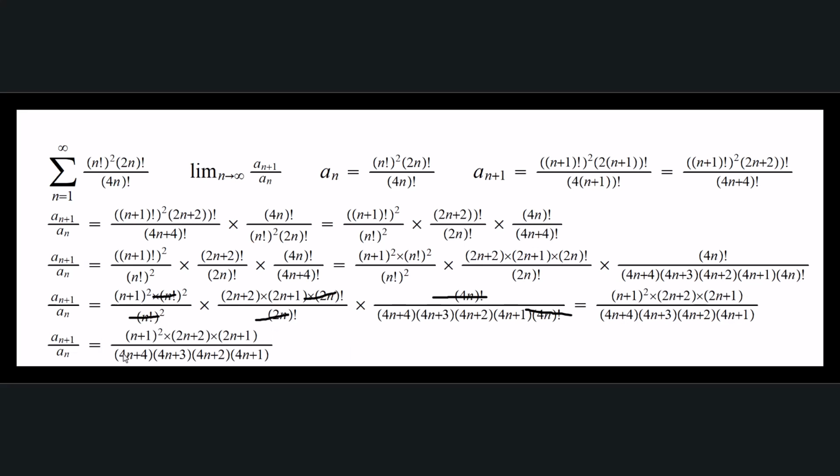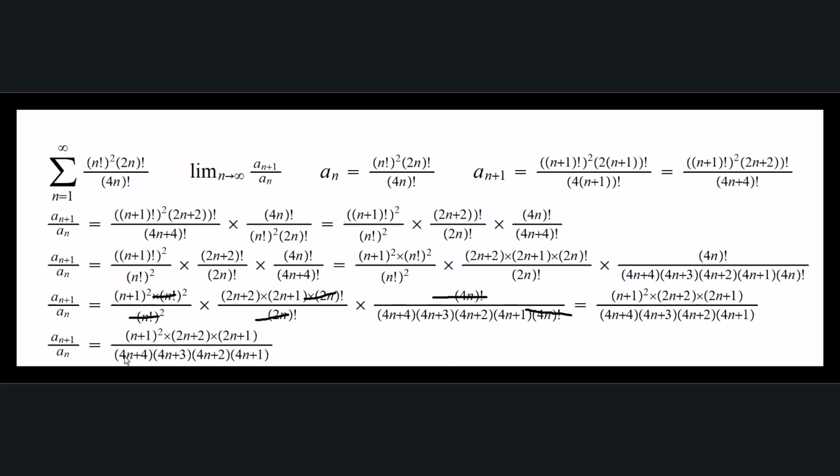If you are calculating the limit as n goes to infinity, you have infinity over infinity form. But here you can see in the numerator and denominator, at both places, we have polynomials of degree 4. The coefficient of the leading term in the numerator would be 2 times 2, which is 4.